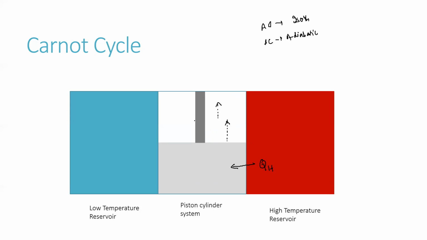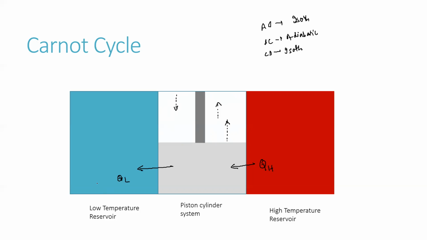So this is B to C adiabatic expansion. Then from C to D, it is isothermal compression. So now some work will be done on the system, and as this work is done on the system, it will lose some of its heat to the lower temperature reservoir. We'll be calling this heat QL.